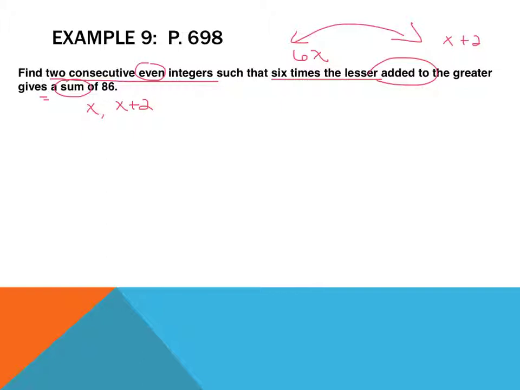Alright, so 6 times the lesser added to the greater, which means I'm going to take the greater plus add 6x to it, gives a sum of 86.